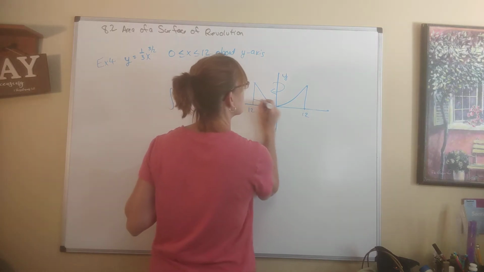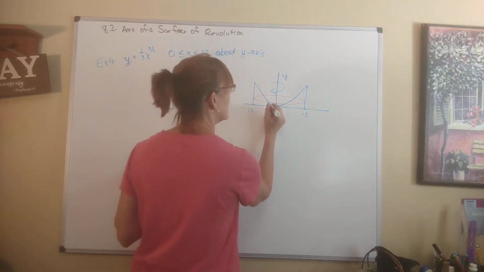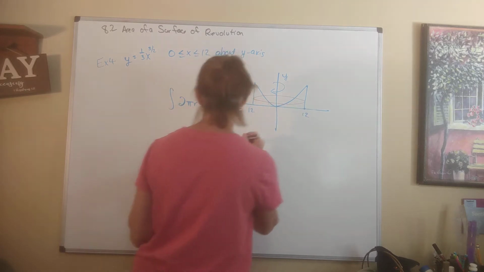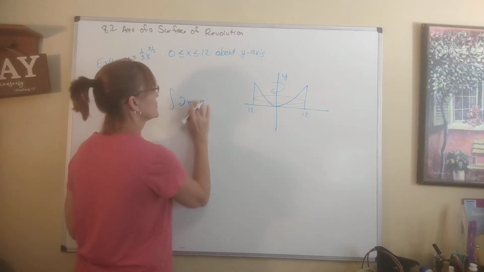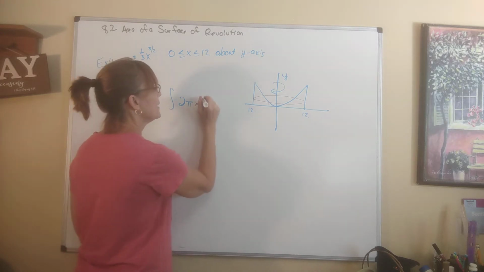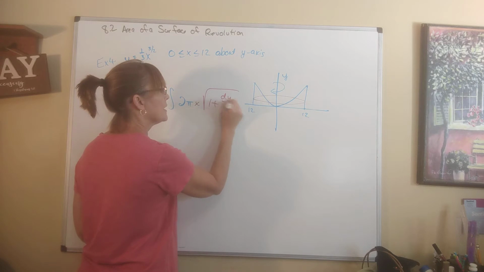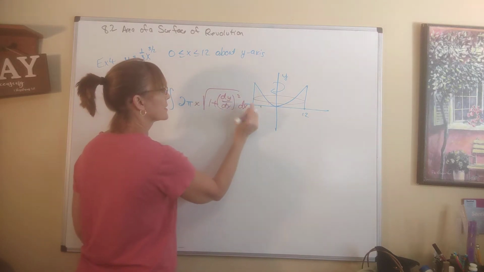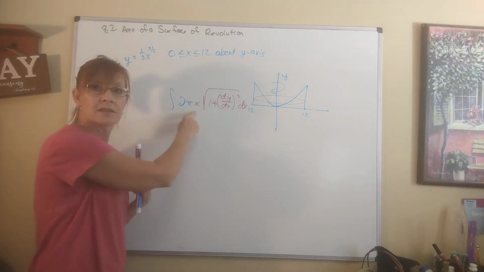So if we pick some circle here of this rotation, an x value is how far our radius is going to be. So 2 pi x, and then times the square root of 1 plus dy dx squared dx. So the only thing that changes when we rotate about the y is the radius, okay?